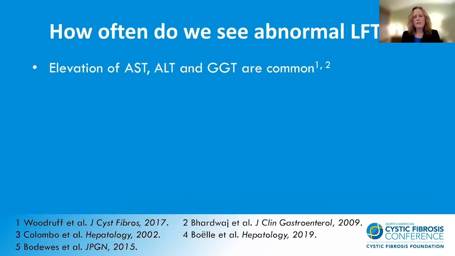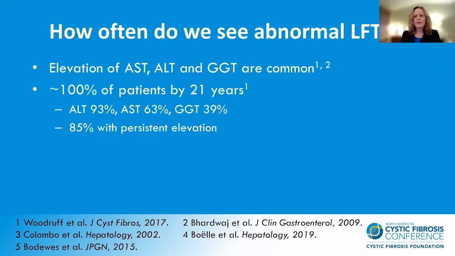LFT abnormalities in cystic fibrosis are very common at baseline. In a study by Woodruff et al., looking at annual visits of patients, about 100% of those patients had at least one elevated liver function test by the age of 21. 93% of those being ALT, 63% AST, and GGT elevations in 39%.